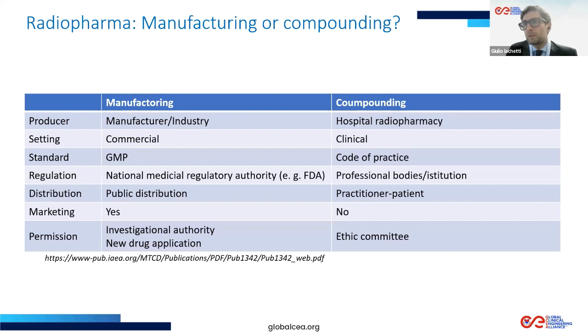On the contrary, the hospital radiopharmacy is in a clinical setting, and above all, is not related to GMP standards that are very strict, and is not permitted generally by an investigational authority, but only by an ethics committee. Okay.